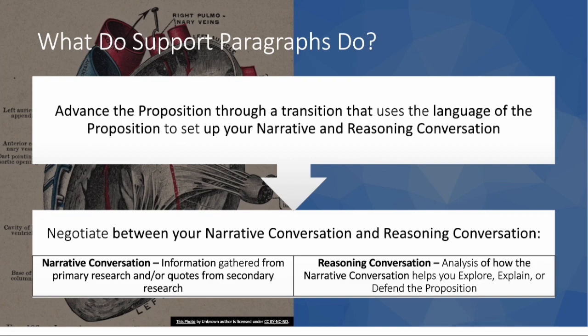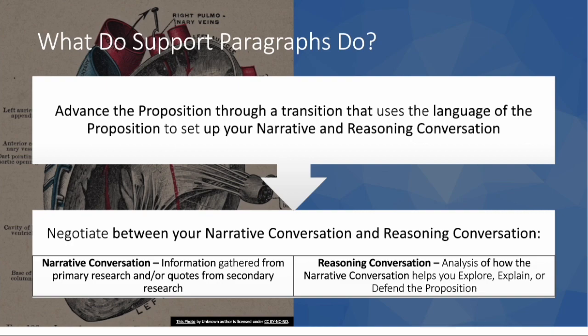So a good way to illustrate that narrative to reasoning conversation would be, in Krashen's text, blah, blah, blah, he says X, Y, and Z in quotes. And then after that, I might say, because we have learned this from this other source by so-and-so, we understand by synthesizing these two sources that we could say, A, B, or C about how Krashen's ideas fit into a more contemporary education context.